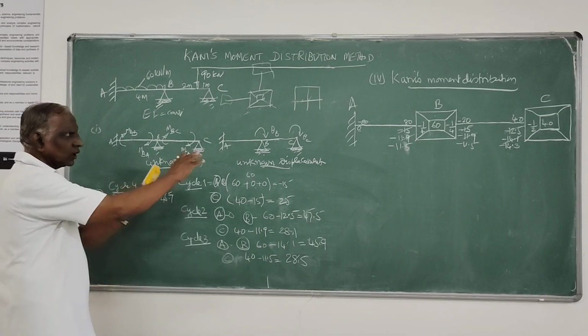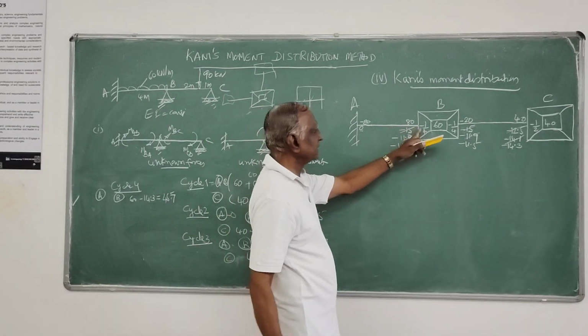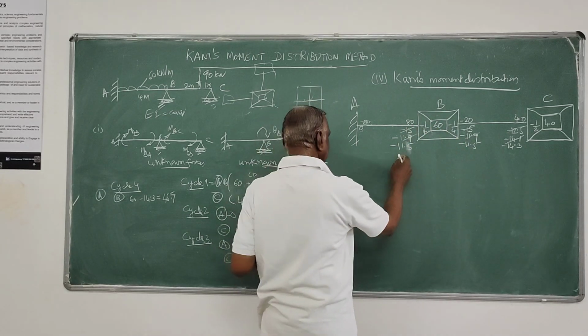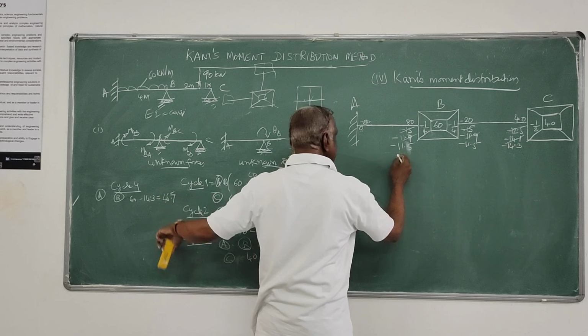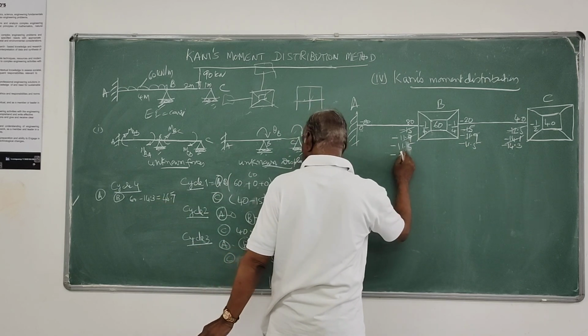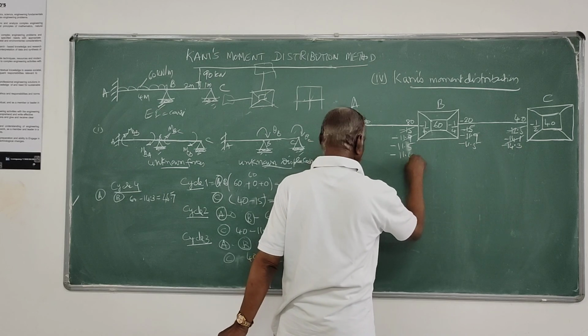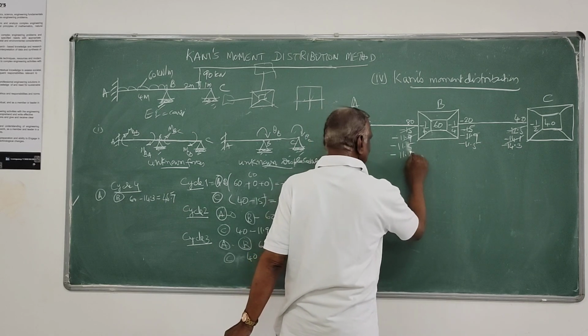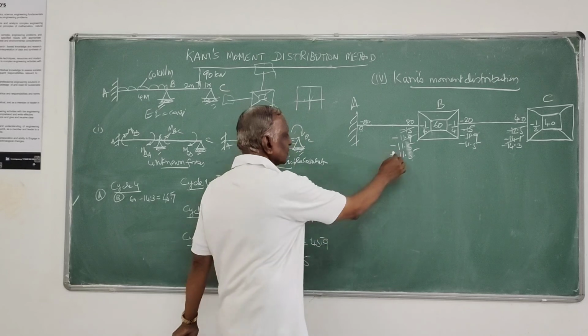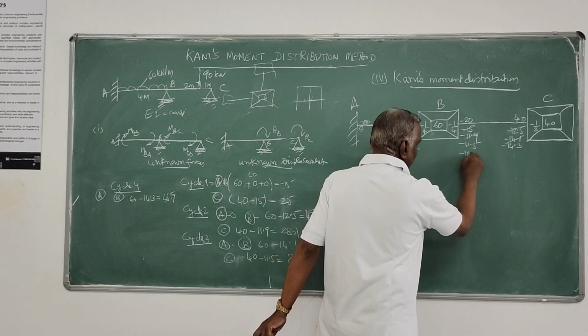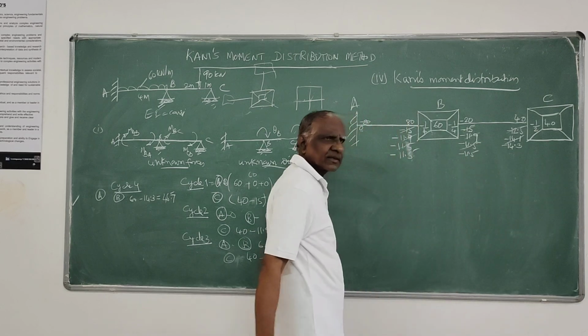That is the total moment coming at B, that will be shared by these rotation factors among other members. That's 45.7 into minus 1 by 4, that is 11.5. So cancel the previous one. Then this is also minus 11.5, cancel that.